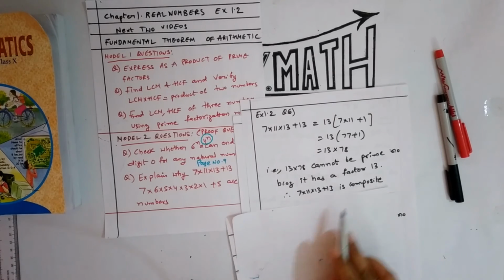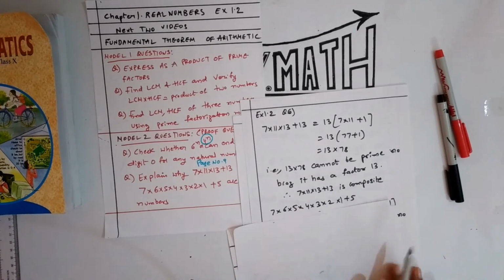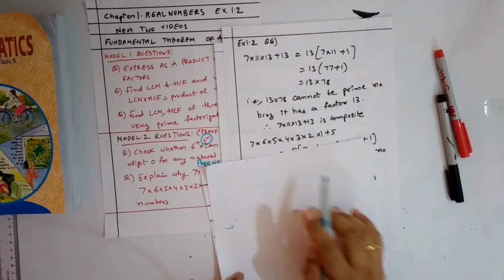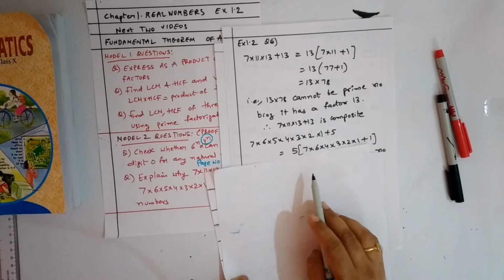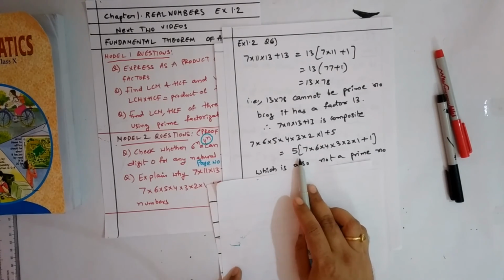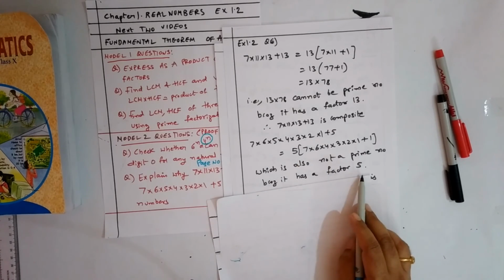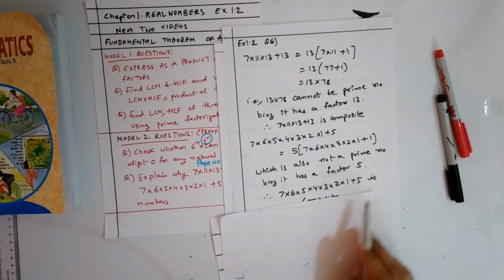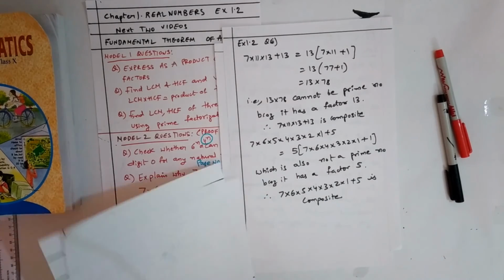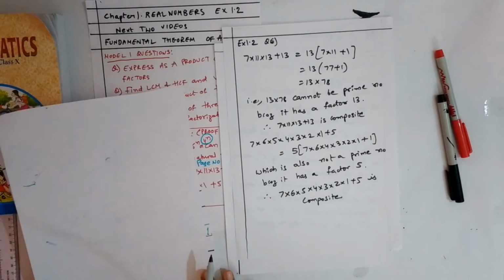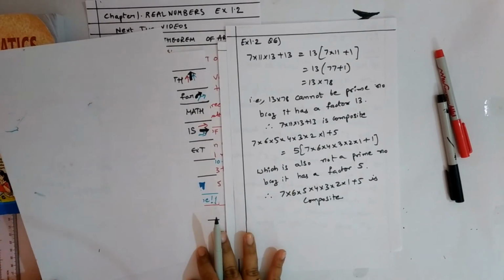Therefore, this is composite. For this number, 7 into 6, 5, 4, 3, 2, 1 plus 5, you can take 5 common, which is also not a prime number because it has a factor 5. Therefore, this number is composite. That's it. That is the solution. Take a second and note down the solution.